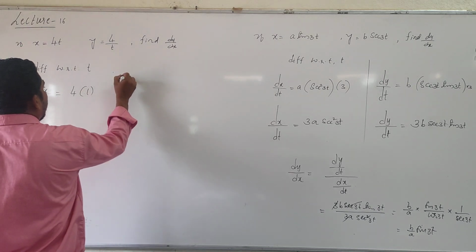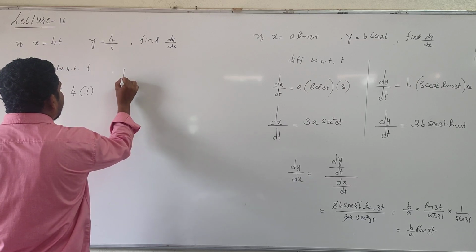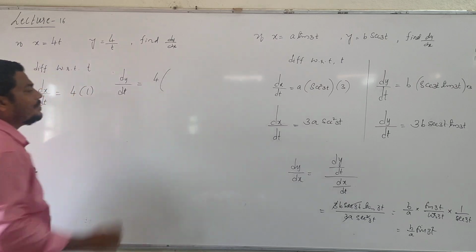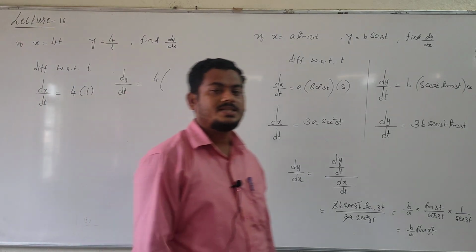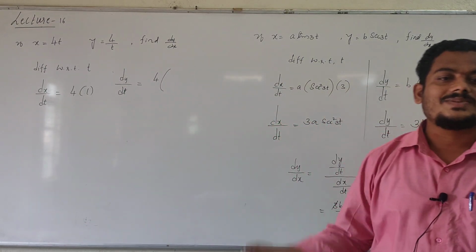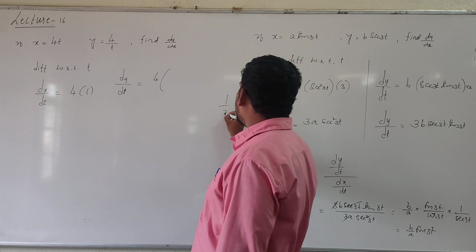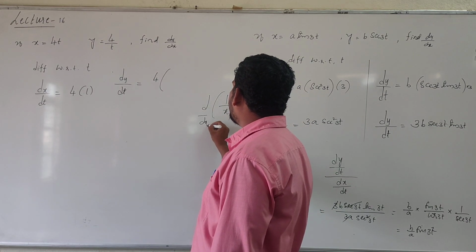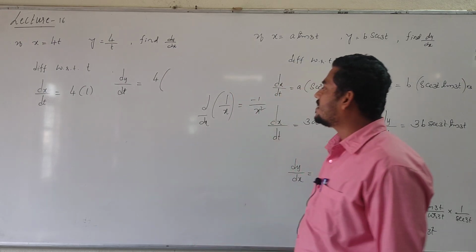Then dy by dt. What is dy by dt? 4 constant outside, 1 by t differentiation. Already you know 1 divided by x differentiation. What is 1 divided by x differentiation? d by dx of 1 divided by x, the derivative of 1 by x, is minus 1 divided by x square.